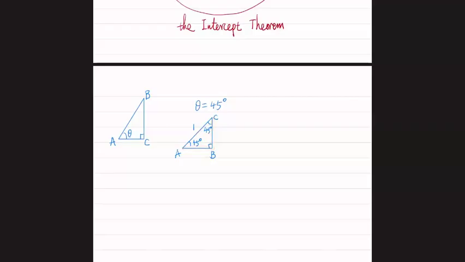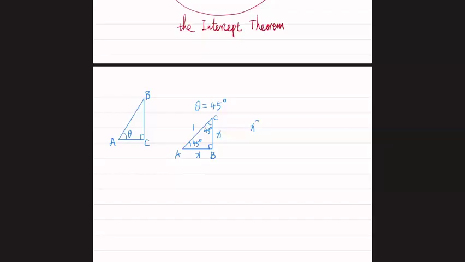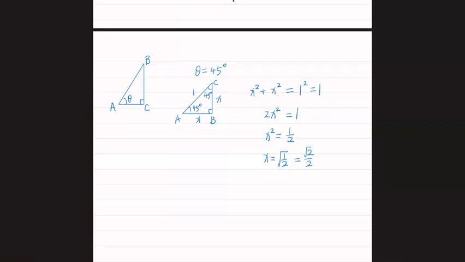If we call this one x, this will also be x. Then by the Pythagorean theorem, the sum of the squares equals the square of the hypotenuse. From there, we have 2x squared, and x is positive, which is, okay, a second special triangle.